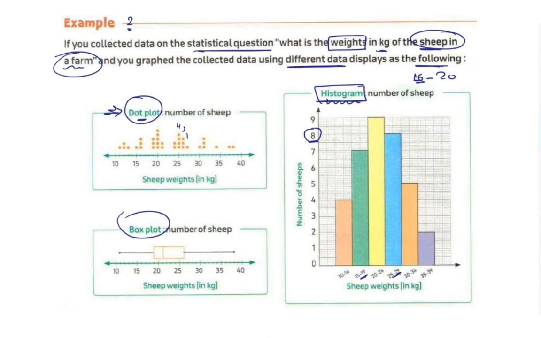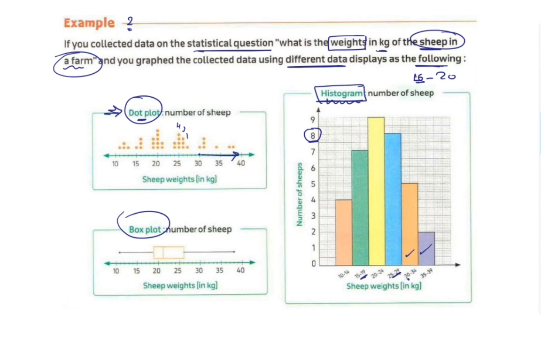We have 30. I can look here at the histogram. Start from 30 and more. So start from 30: this interval and this interval. Okay, so I can use histogram to find this number. But also I can use what? I can use dot plot from 30 and go up.